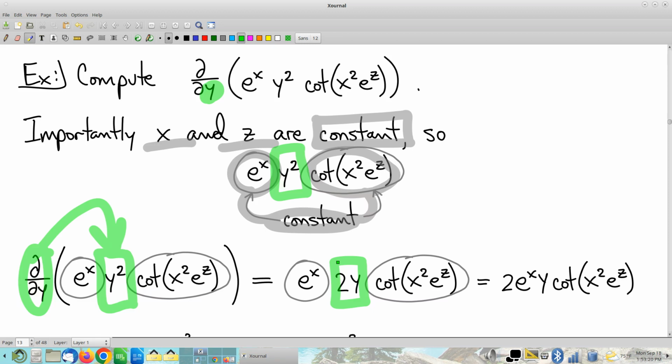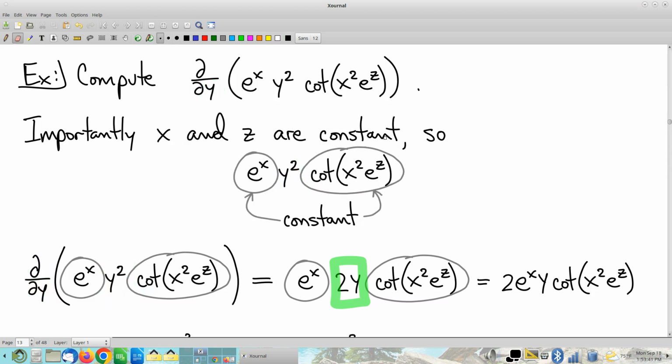I nominate partial derivatives as the easiest derivatives to compute of any that I've ever seen. They're easier than single variable derivatives because you get to pretend a huge amount of it is constant. It's totally awesome. All right, very, very convenient. And by the way, the fact that these are easy to compute is one of the reasons why we use them so much.